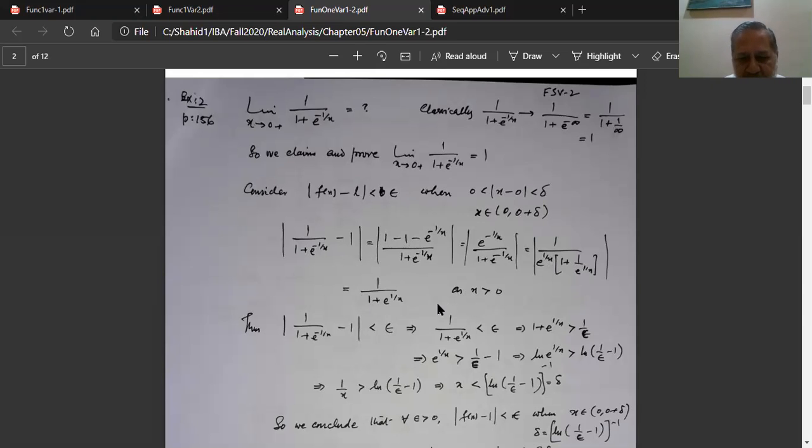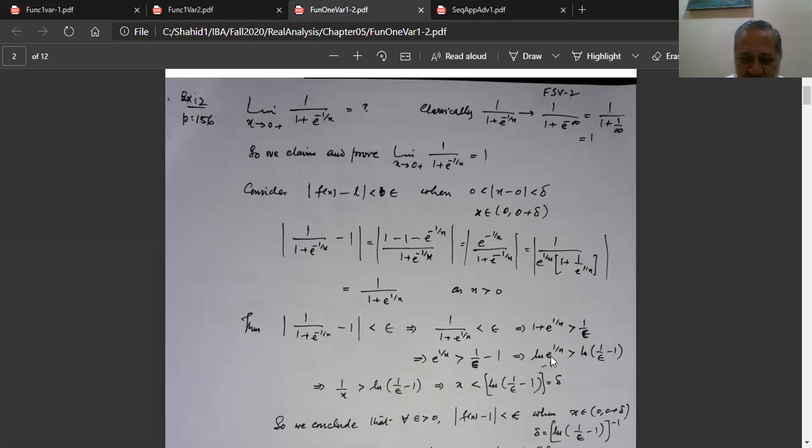Now, we can use 1 upon 1 plus e power 1 upon x as the epsilon, because this whole thing has reduced to this. So this taken less than epsilon means 1 plus e power 1 upon x is greater than 1 upon epsilon, and e power 1 upon x is greater than 1 upon epsilon minus 1, which takes you to this form.